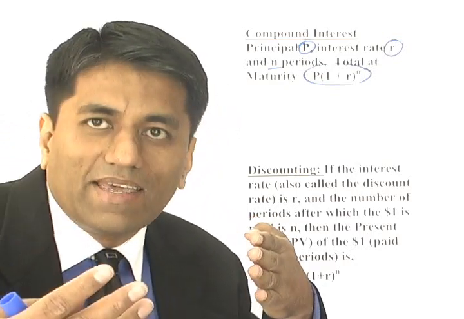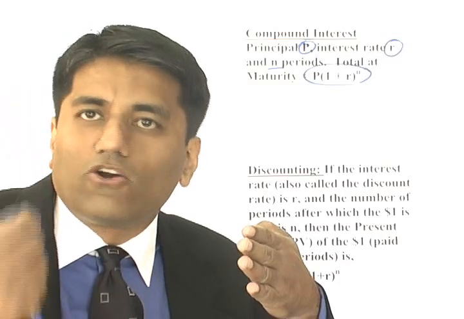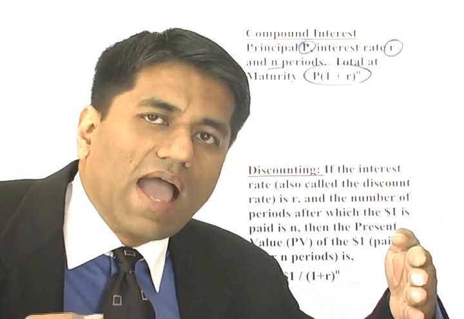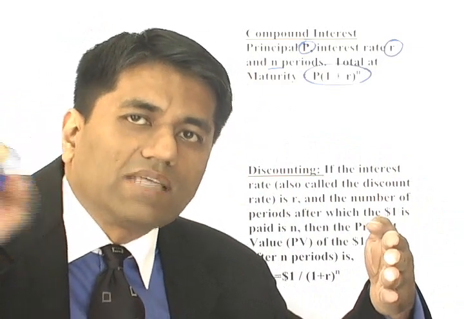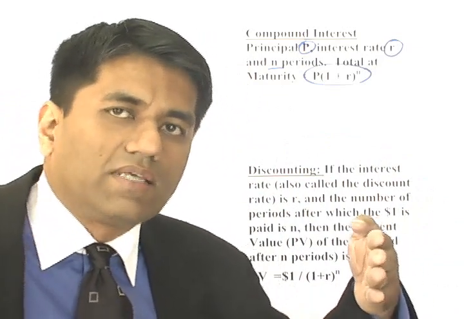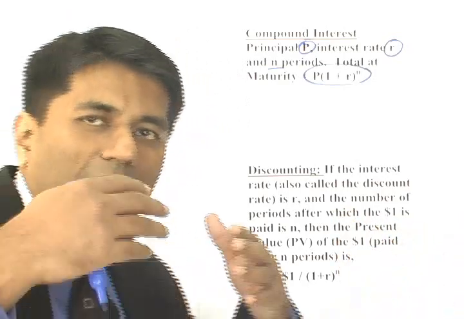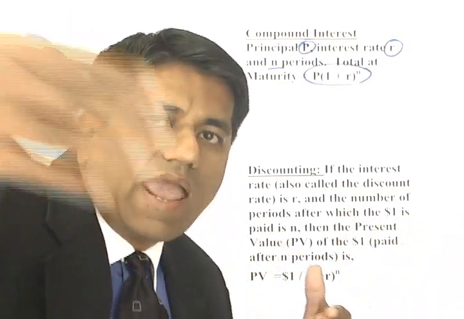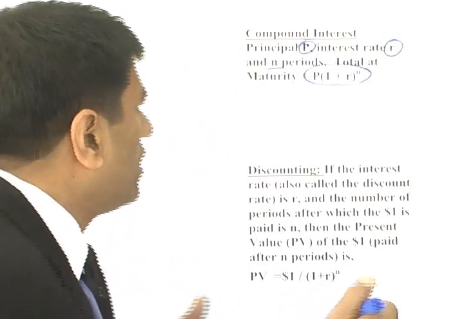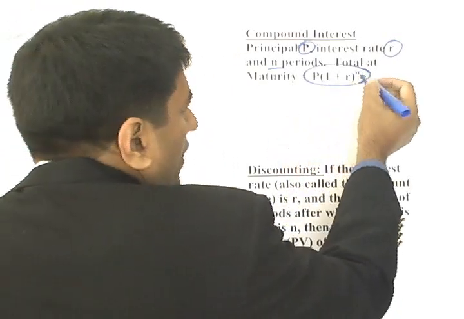And in the next period again, it is going to grow by 1 plus R. So at the end of the second period, you're going to have P into 1 plus R into 1 plus R. And after n periods, you're going to have P into 1 plus R n times, or P into 1 plus R raised to the power n.